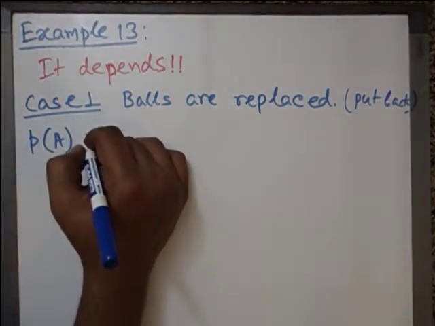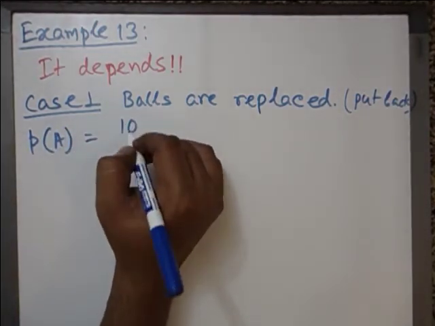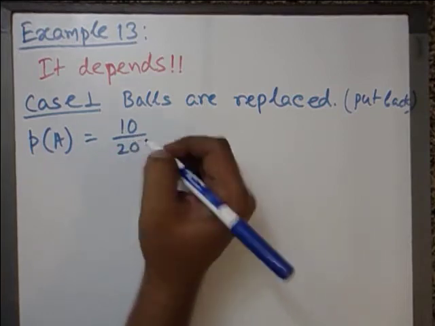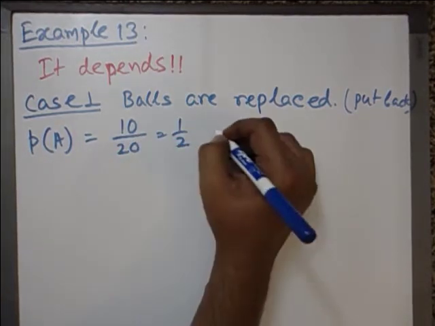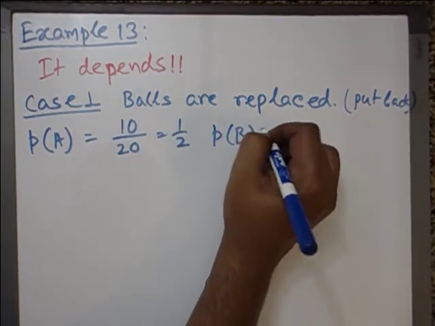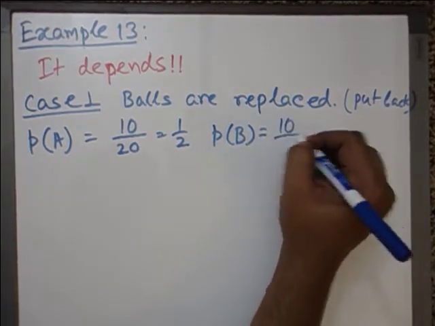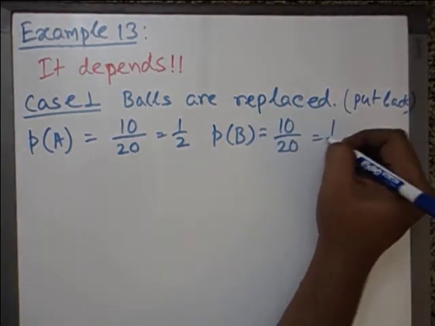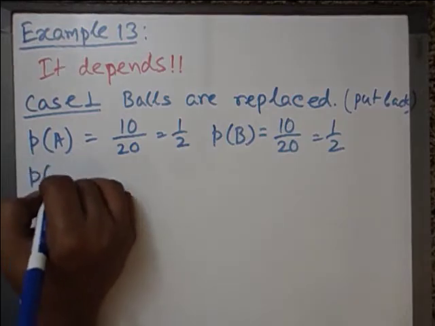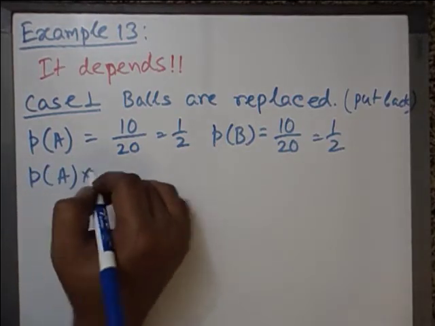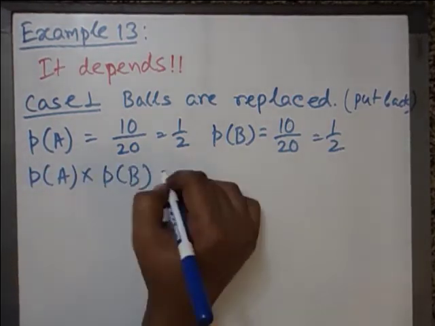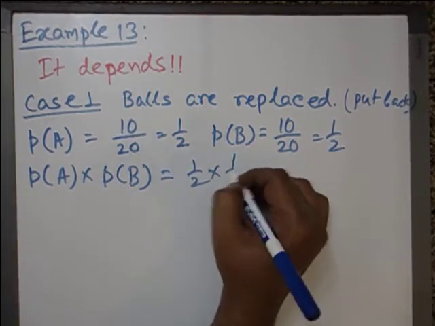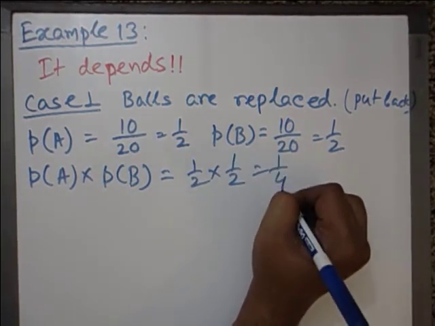A is that the first one is red, so total 10 red balls, total 20 balls, half. P of B, 10 red balls, 20 balls, half. So P of A times P of B is half times half, 1/4.